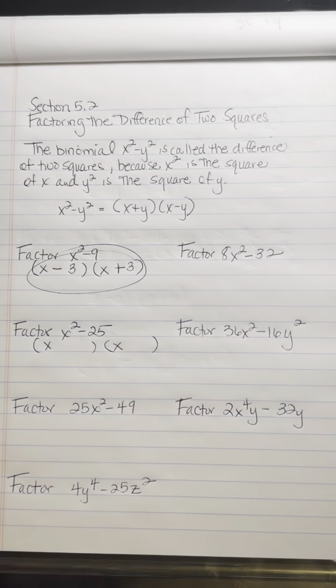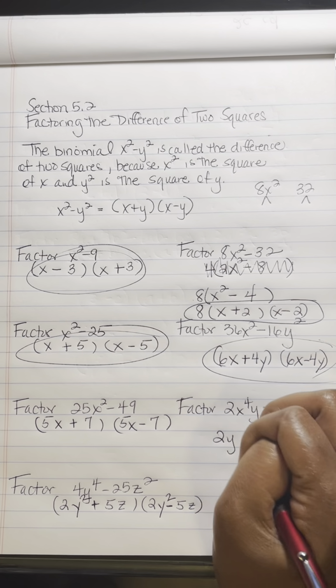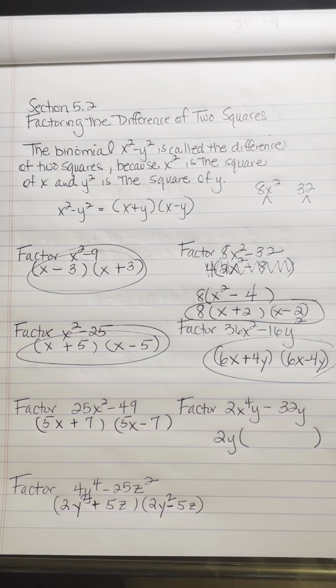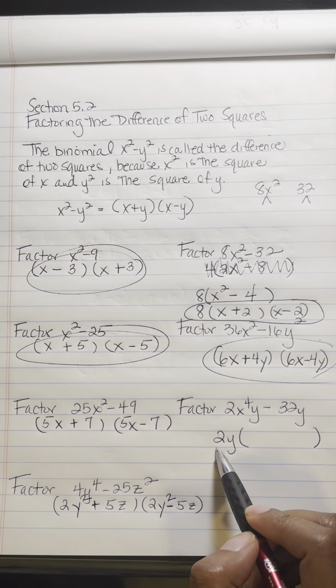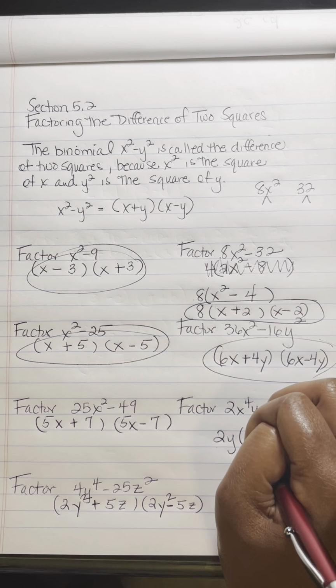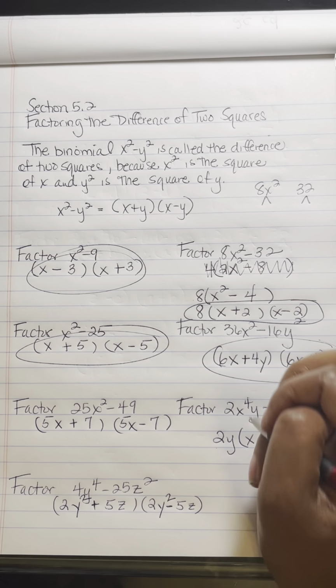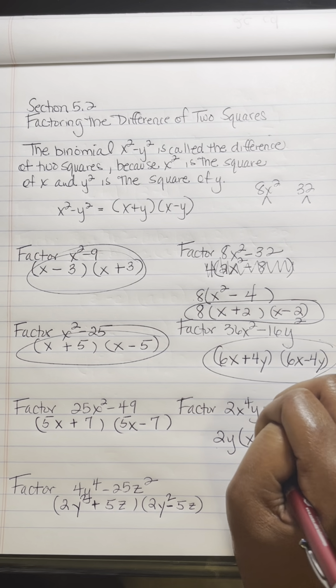Factor 2x to the 4th power y minus 32y. What can I factor out? Just doing my factor tree, I'm thinking about 2y. I need 2, I have 2. I need x to the 4th, I don't have any, so let me put x to the 4th here. Bring down my minus sign.